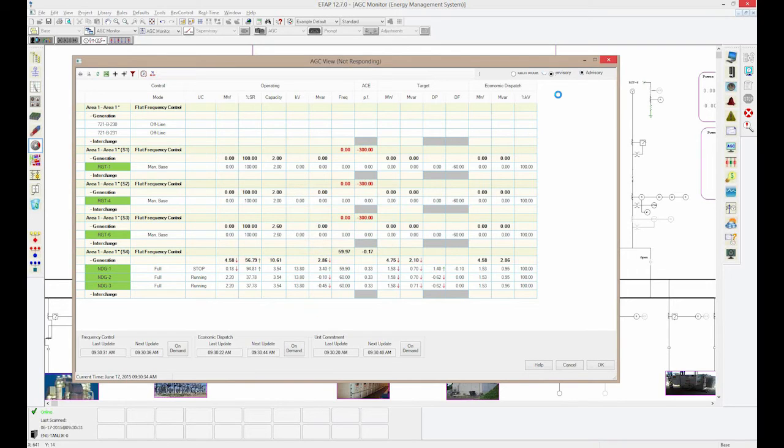Now, what's interesting here is the capability or the result that's coming from UC, or essentially unit commitment. And it's essentially telling me to stop one of the generators and actually let the other two keep running. So in order to understand that, the program also has to keep track of spinning reserve.